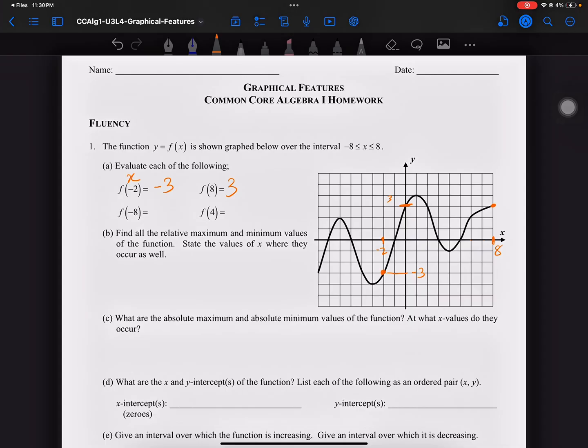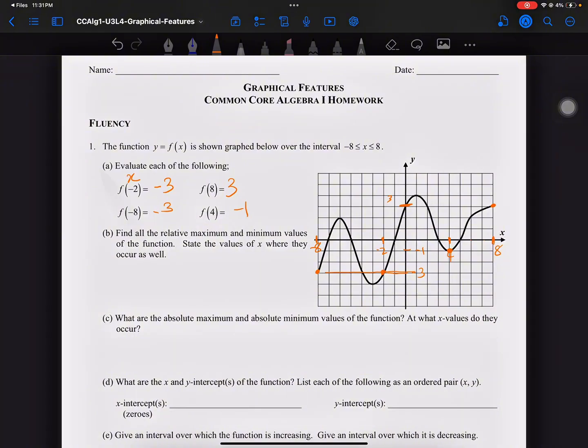Go to x = -8. -8 is here, and then we know that our y value will be -3, 2. And then f(4), go to x = 4. x = 4 is here, and then we'll find our y, which is -1.